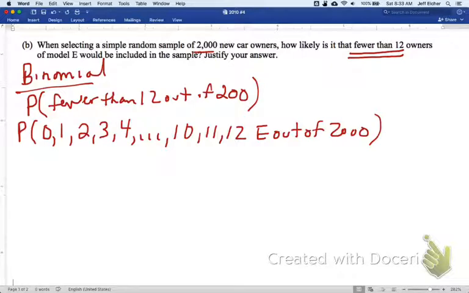I should be careful: fewer than 12 wouldn't include 12. It would be 11 and down.